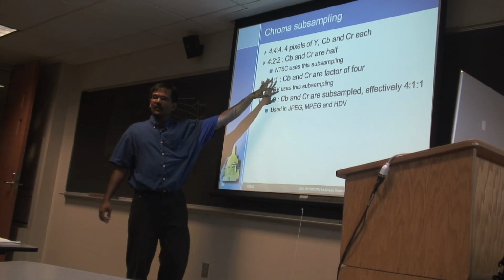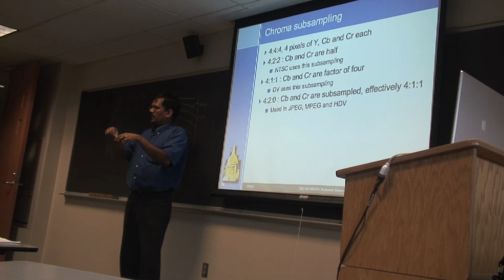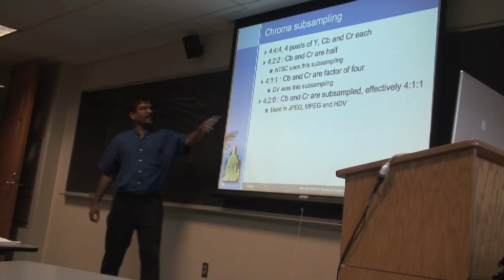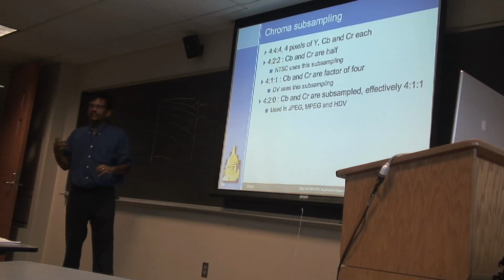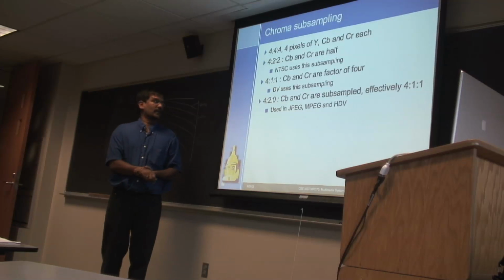Essentially, it's like the 4:1:1, except the Cb, you see a lot more of them averaged, right? But you can think of them both as the same. So NTSC uses 4:2:2, so it drops some of the chroma component.